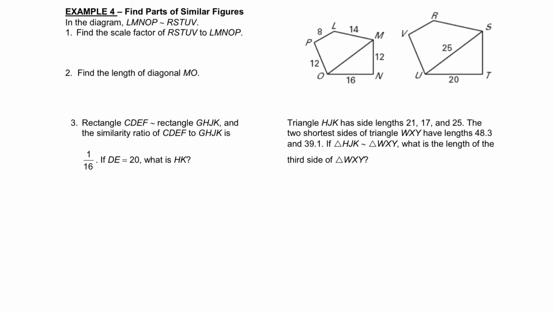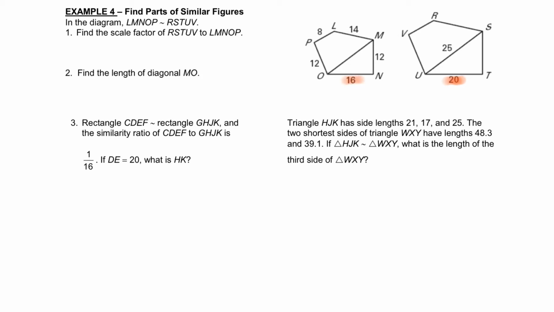Then to do that, all we got to do is match up 2 corresponding sides. That's all we need. We're only given one side in pentagon RSTUV, so we'll have to use that 20 right there. Then we see this side length of 20 in red that I highlighted corresponds with this side length of 16 that I also highlighted in red.